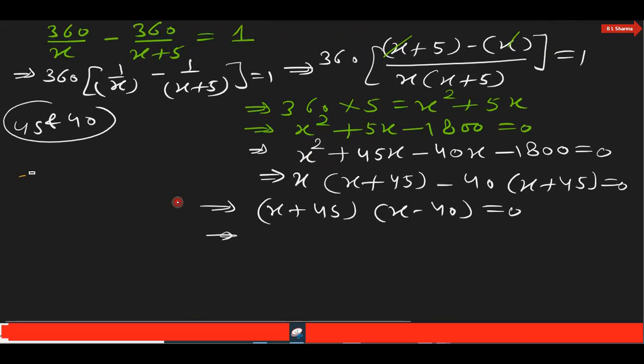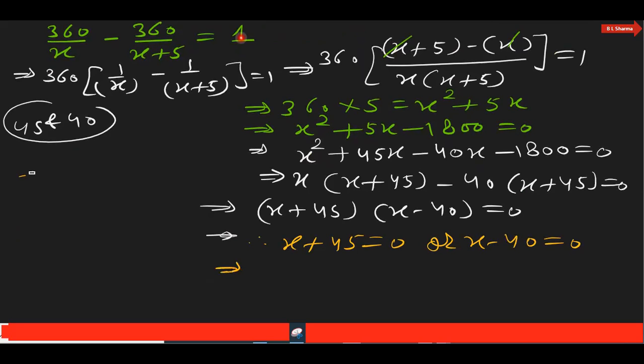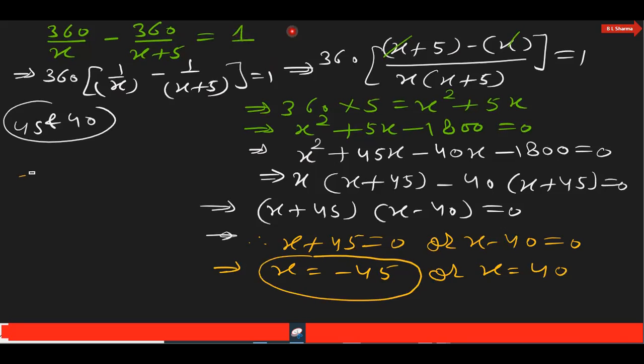Therefore x plus 45 is 0 or x minus 40 is 0. That is x is equal to minus 45 or x is equal to 40. What is x? x is the speed and speed cannot be negative. That is why this is rejected.